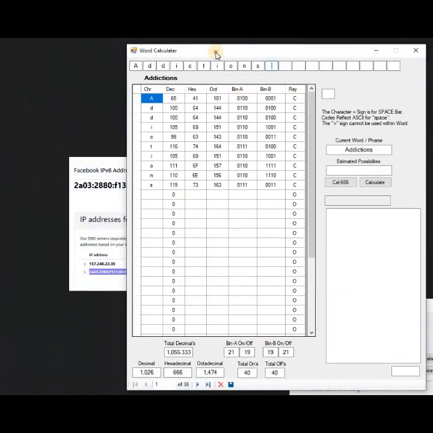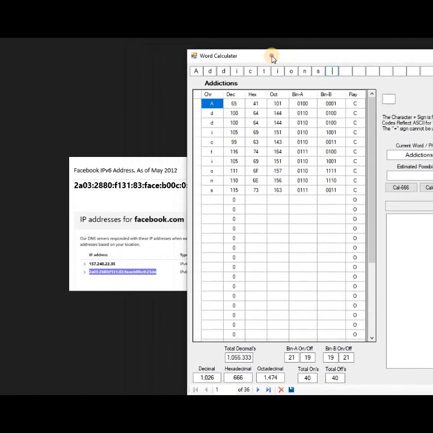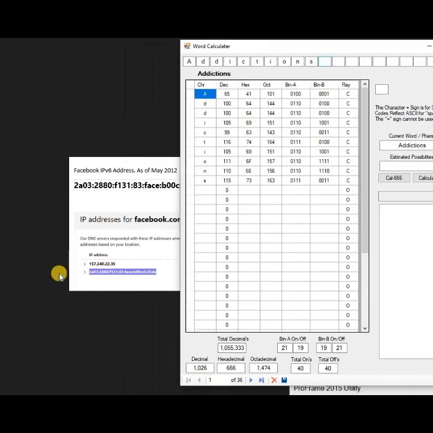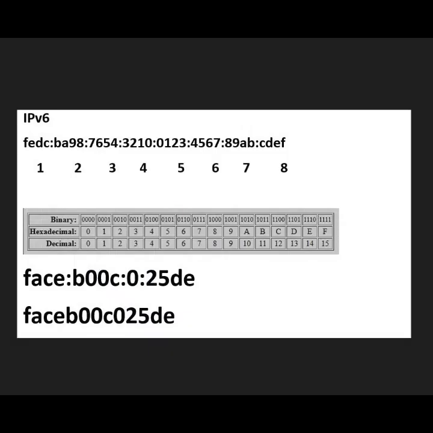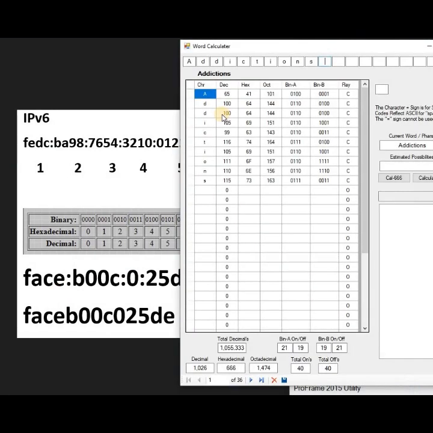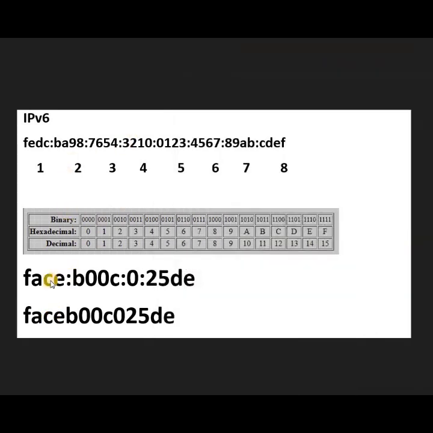So I thought to myself, wow, that's interesting. So I cranked up my program, and I thought, let me bring this up. Let me flip to the next screen, which gives us a bigger view. So this is it right here. What I did basically is I simply took out the colons.